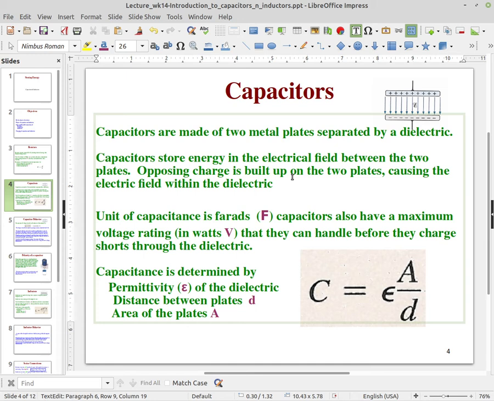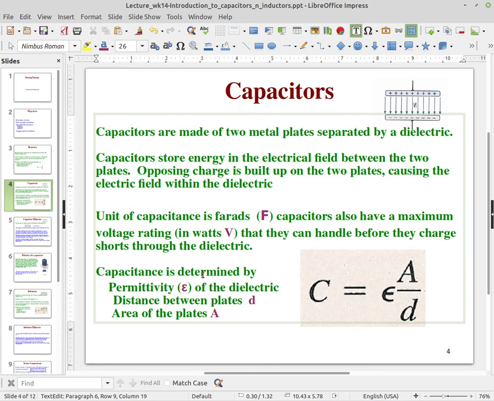So similar to resistors, we have two things we have to worry about when we're trying to purchase a capacitor. Number one is simply the capacitance in farads, but we also have to consider that voltage. A lot of capacitors actually have a really small voltage, maybe 15 volts or 50 volts. So you have to take into account that voltage.